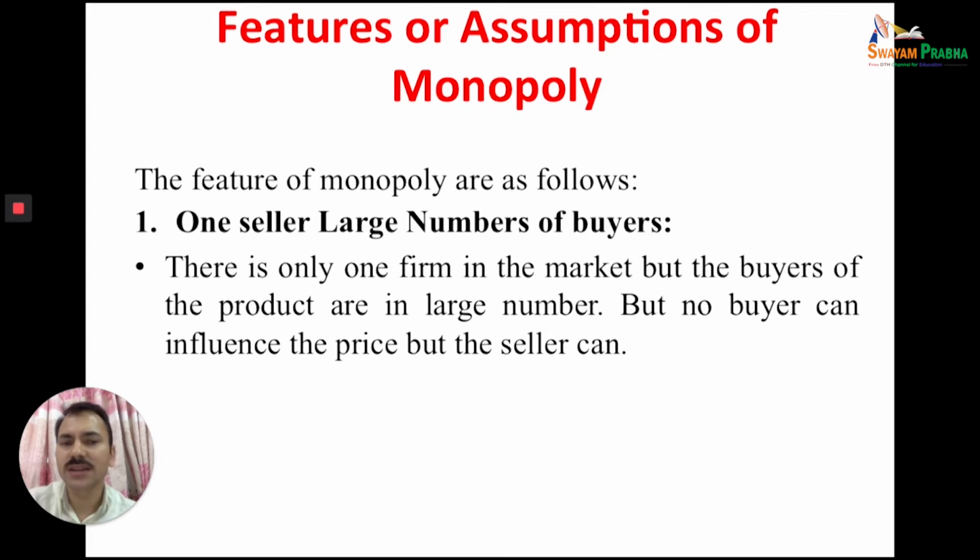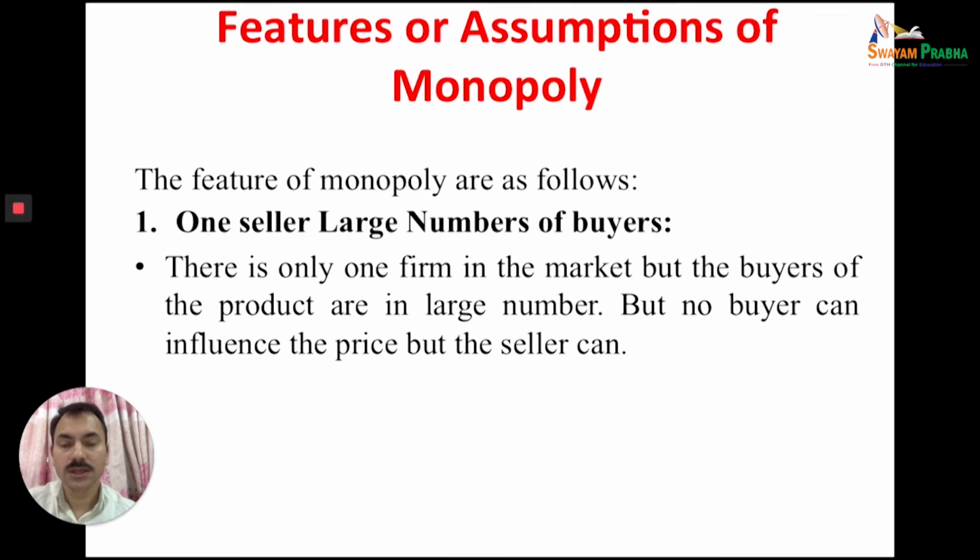No buyer can influence the price, but the seller can. Why? Because there is no close substitute available in the market. The seller can influence the price because he is the only producer in the market. There is no competitor, no direct rival in the market. That's why the firm has full control over the price.